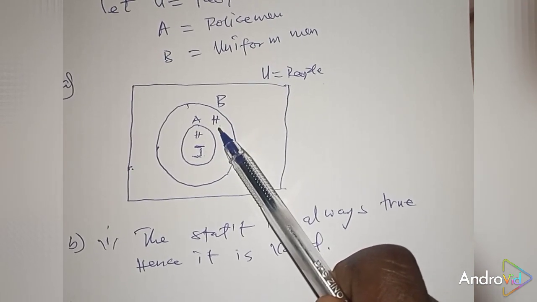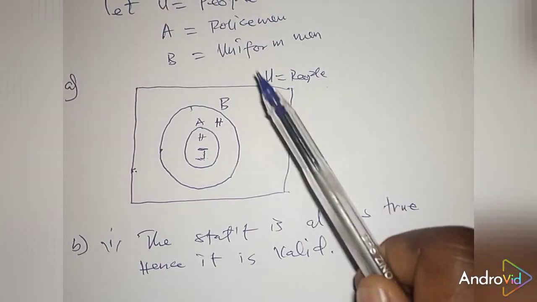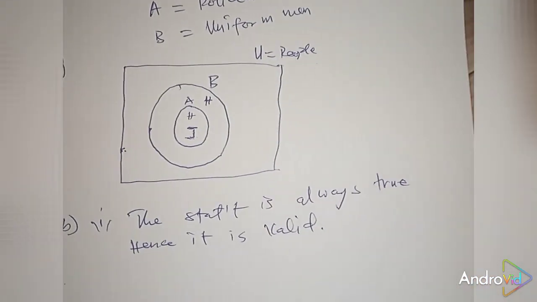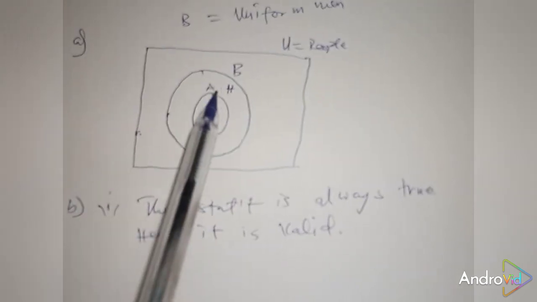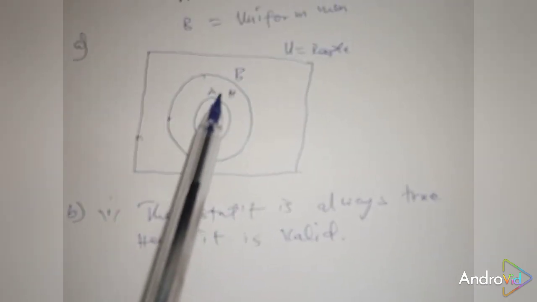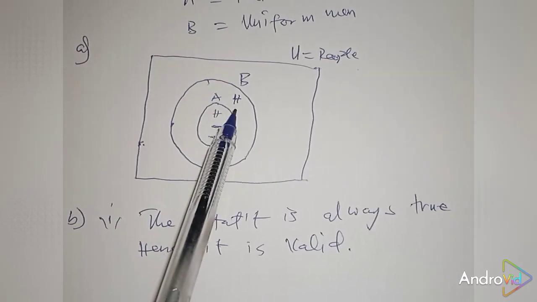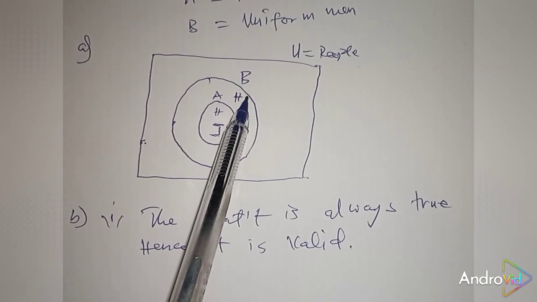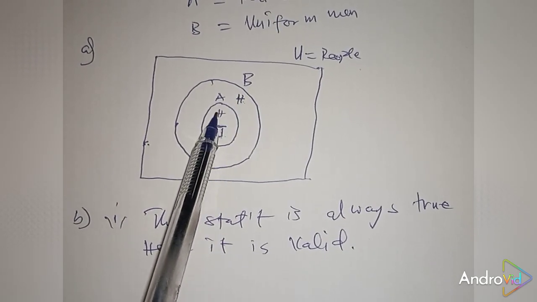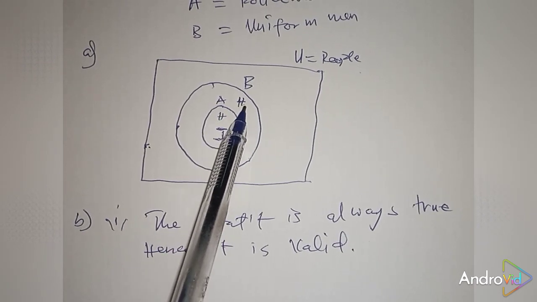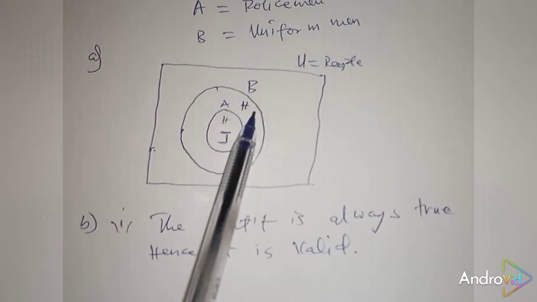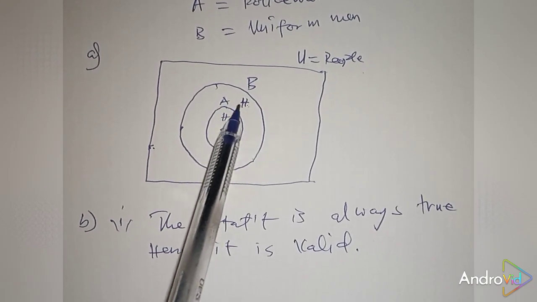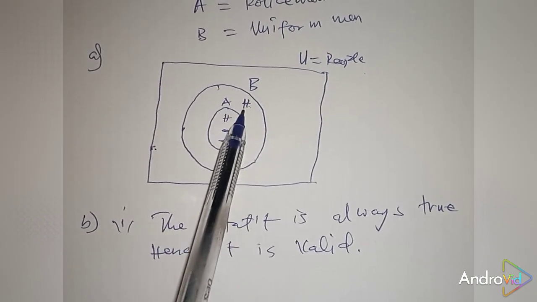So you can have, let's say, nurses or students or soldiers, right? Okay, so what it means is that we cannot conclusively say that once Hamza is wearing uniform, he should be a policeman, because it's either he's not a policeman or he's a policeman, right? As it can be seen from the Venn diagram.